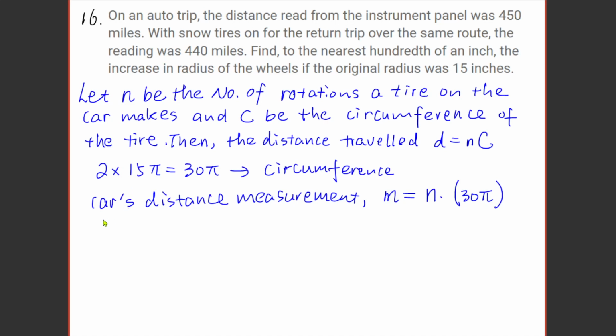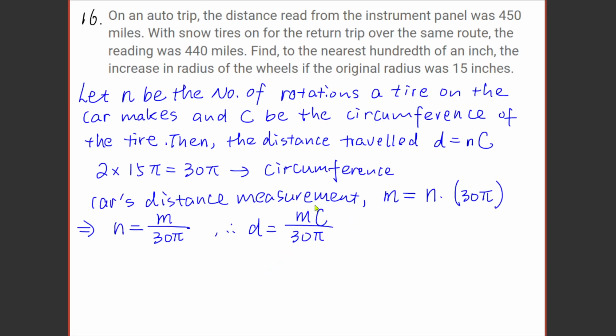Solving this for n, we have n equals m over 30 pi. And substituting this into our equation above, we have d equals n times c, which is m over 30 pi times c. And of course, you can put c here.